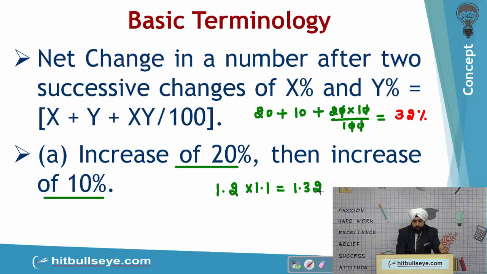Whenever we make use of decimals, the original in all those cases is 1. If it becomes 1.32, what is the increase here, students? The increase happens to be 0.32, or basically 32%. Right? Let's take one more example to understand this.